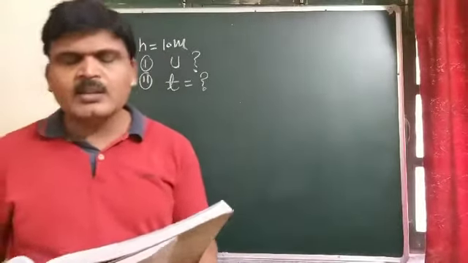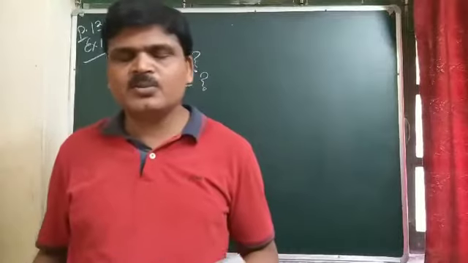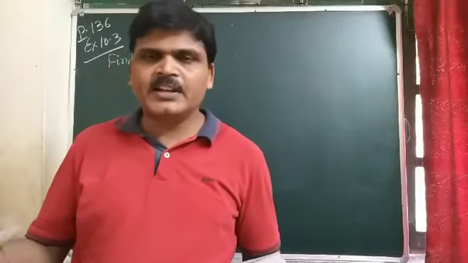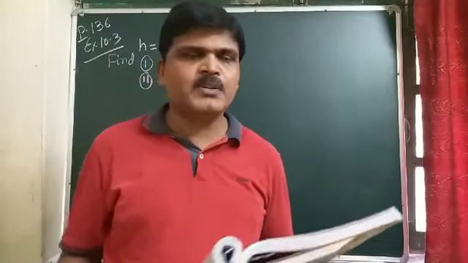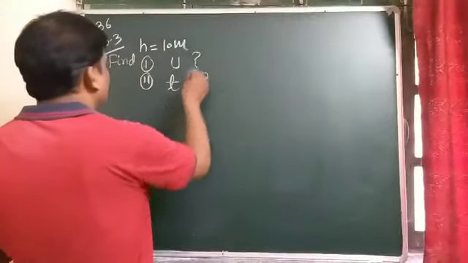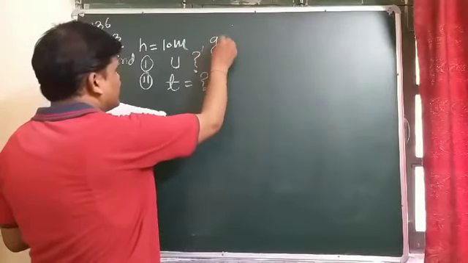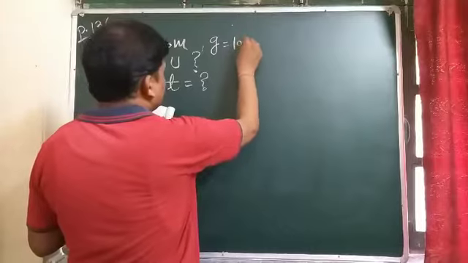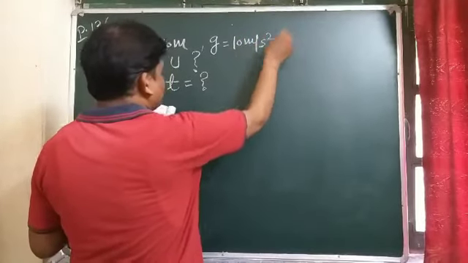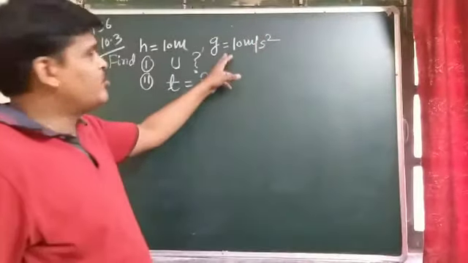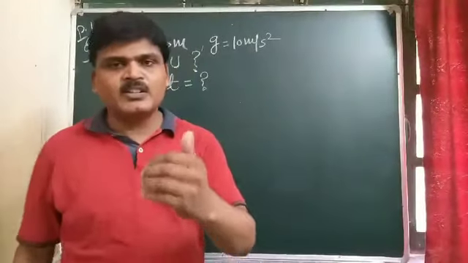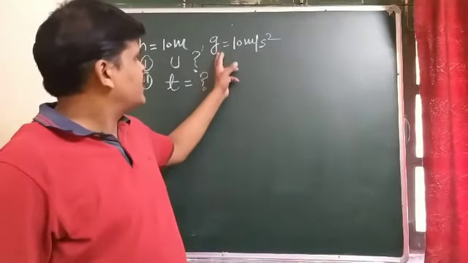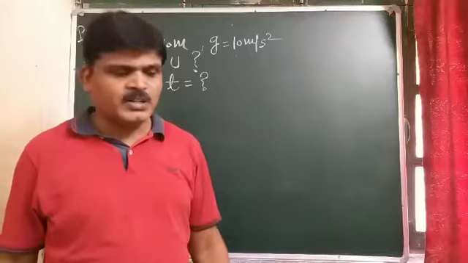And g, acceleration due to gravity, we can take as 10 meter per second square. Actual value is 9.8 meter per second square, but for easy calculation we have taken g equal to 10 meter per second square.